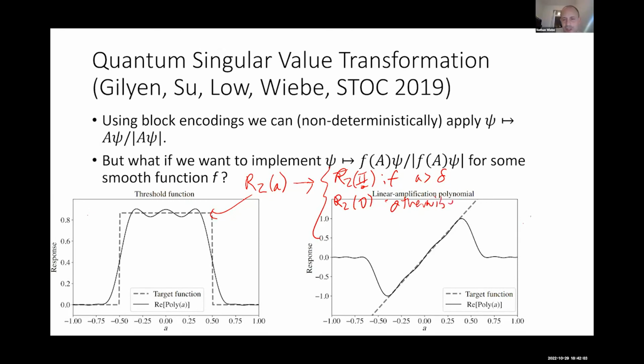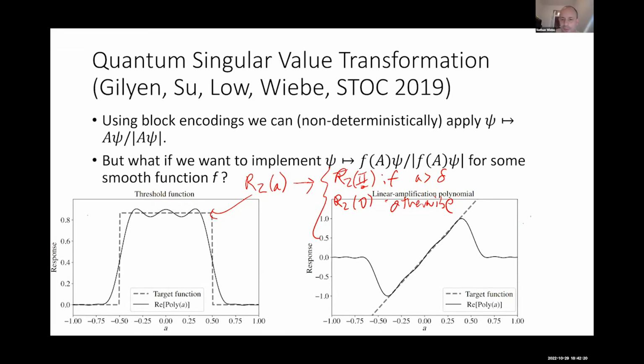And this essentially is how you can implement fixed point amplitude amplification in this approach. We just do this threshold transformation on the rotation angle. And this notion of the quantum singular value transformation and quantum signal processing give us this way of doing it.